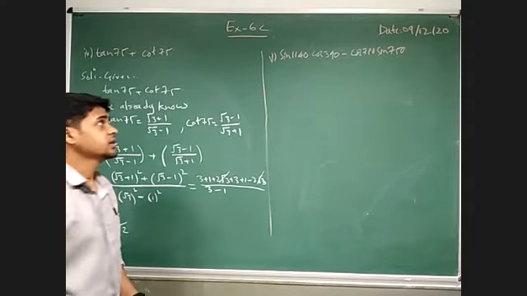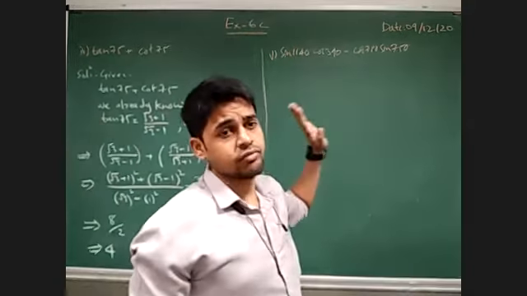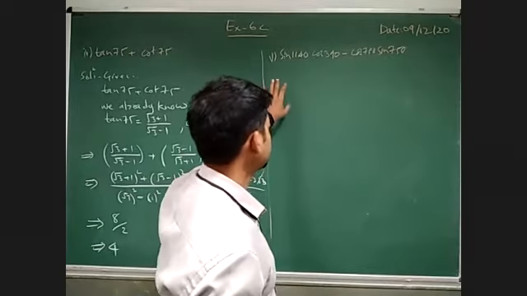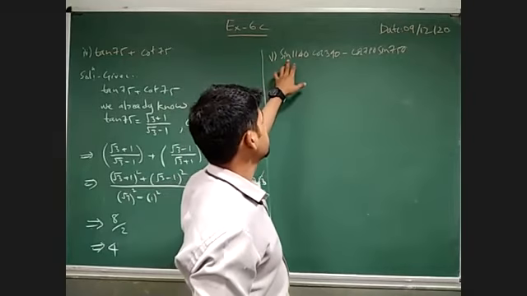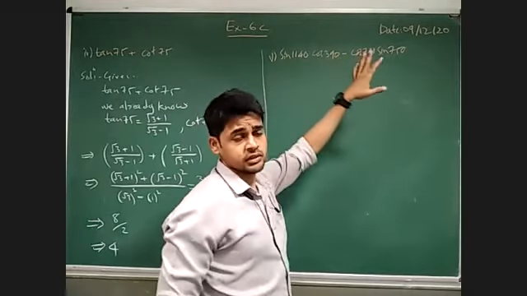See here, first of all, in this chapter we are going to use only the compound angle formula. So here the thing is given sine cos, cos sine. That means here we are going to use sine(A minus B).